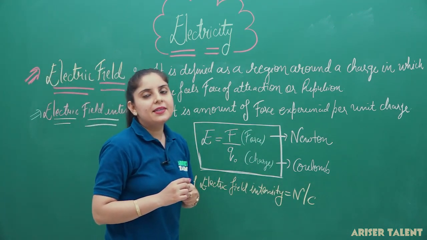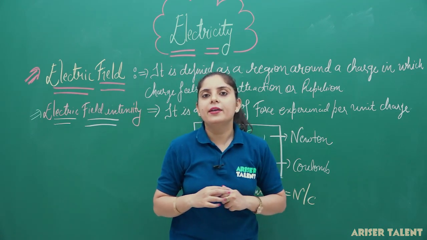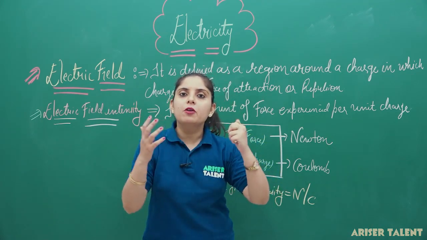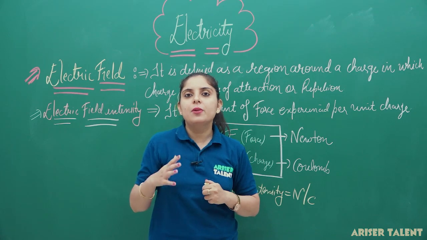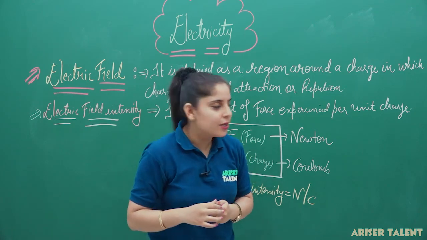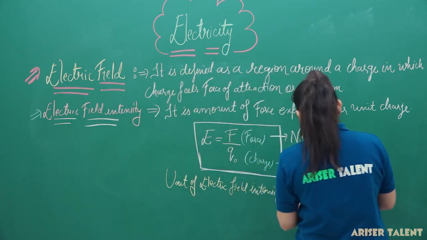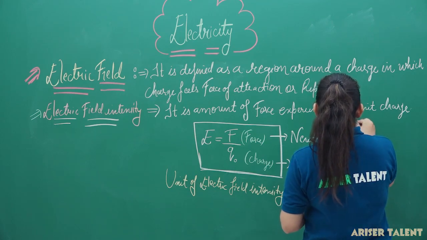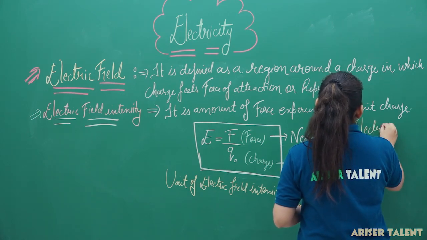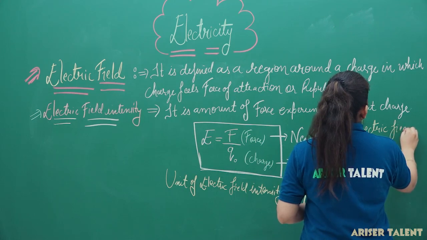Now this electric field intensity is actually a vector quantity, because if you want to find out the strength of an electric field, you must have an idea about its direction. So I can say that electric field is a vector quantity. It means it has magnitude and direction both.